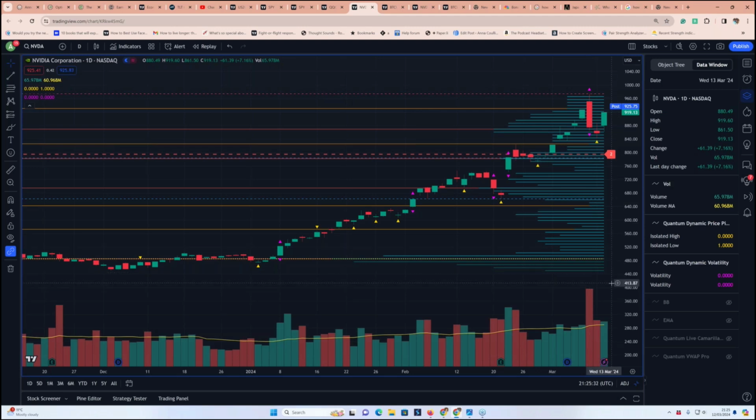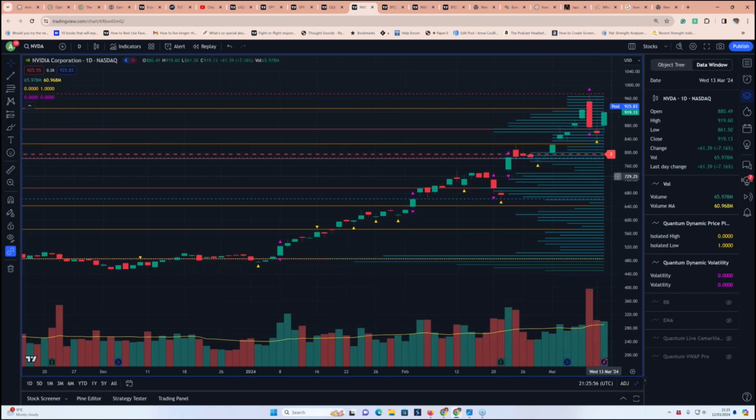What's happened with Nvidia is yesterday we had this little doji candle again on high volume. And that was an anomaly, because given the amount of volume there, we would have expected that candle to be much deeper, but it wasn't. But was it ready to reverse?